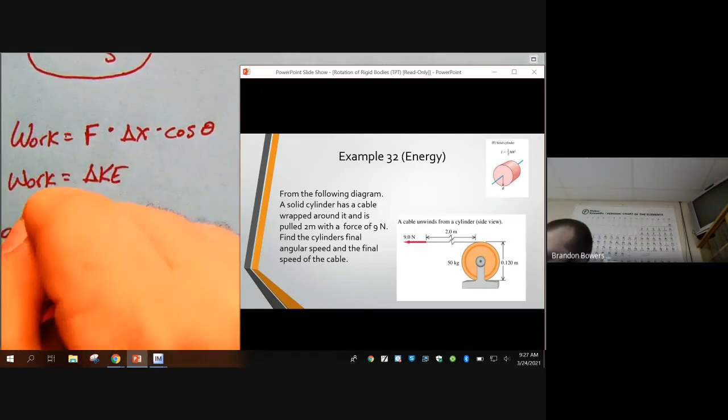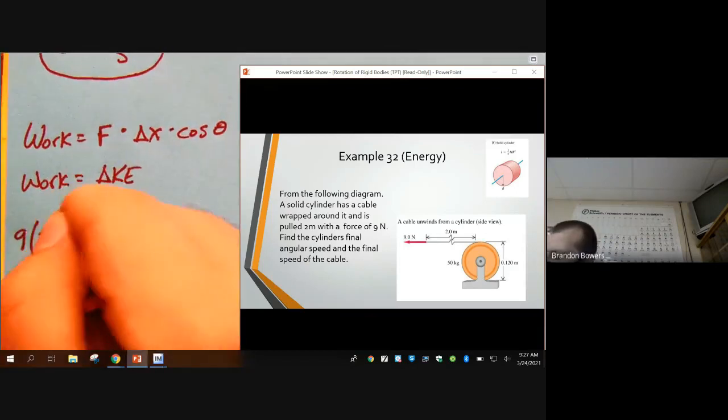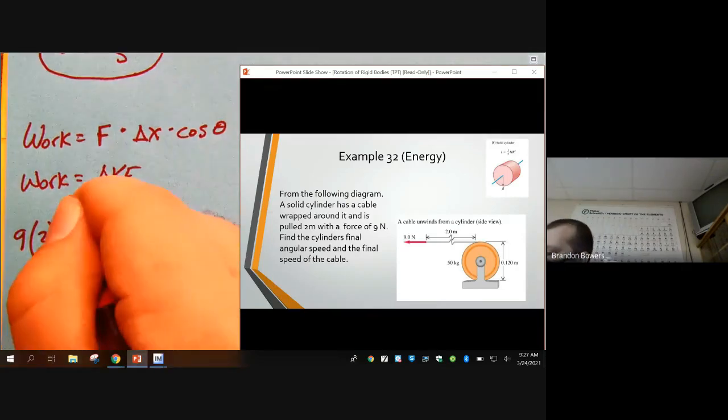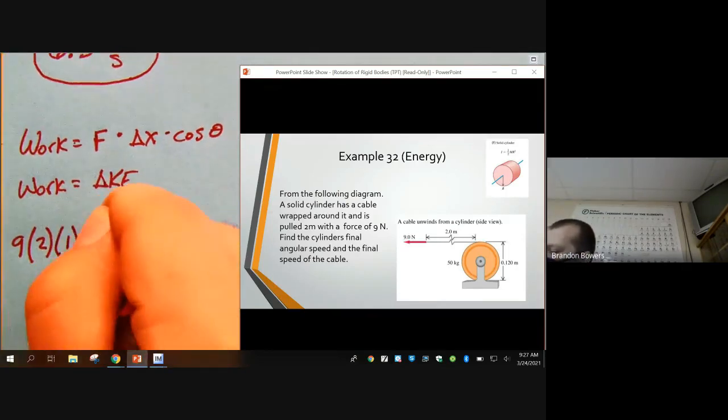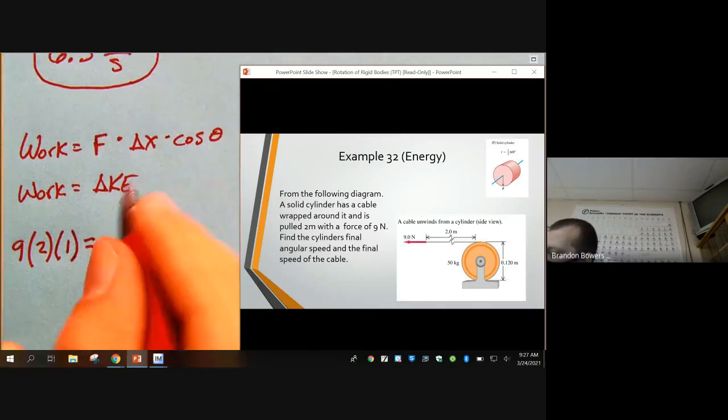Okay, 9 times delta x. How far did I move it? 2. Cosine theta, it's just going to be 1. So times 1 is equal to the change in kinetic energy.